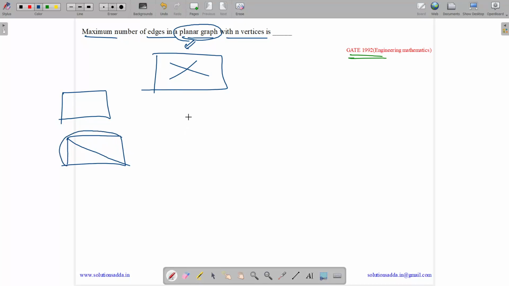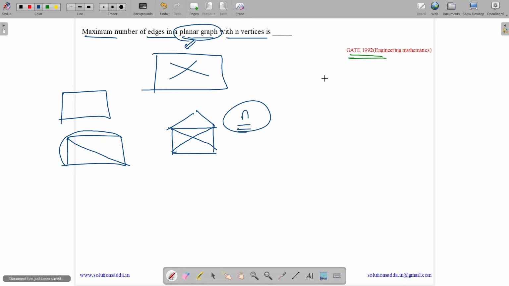And then we have a graph like this one, which is planar as of now, but this one is non-planar. So it's asking for n vertices, what is the number of edges in a planar graph?